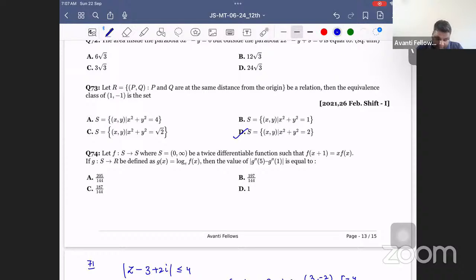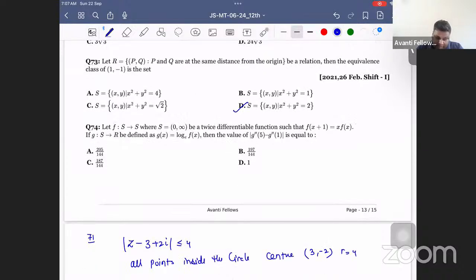Now, f from S to S, where S is 0 to infinity, be a twice differentiable function such that f(x+1) is x f(x), and g from S to R defined by g(x) equals log f(x). Then the value of this is, see, g(x+1) minus g(x) will be ln of f(x+1) upon f(x).